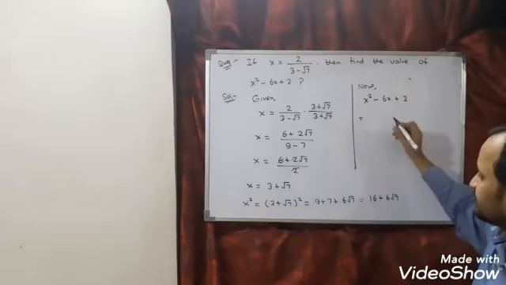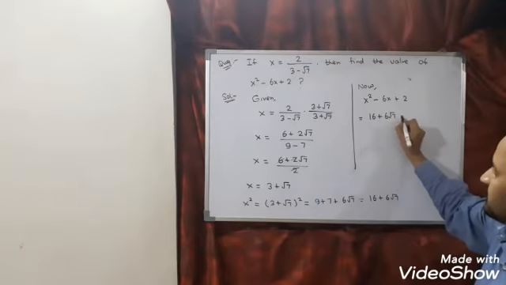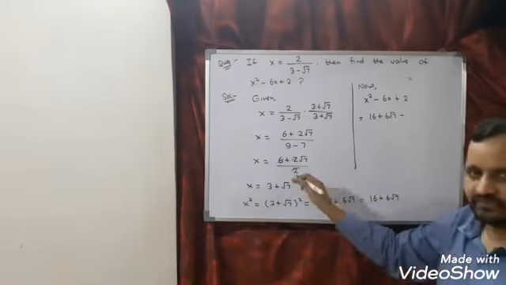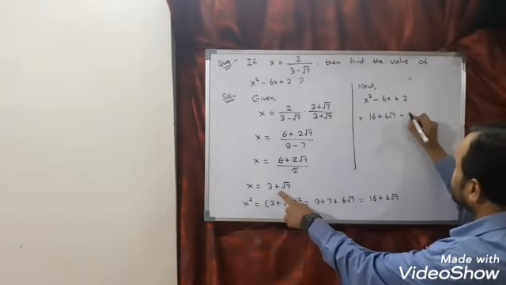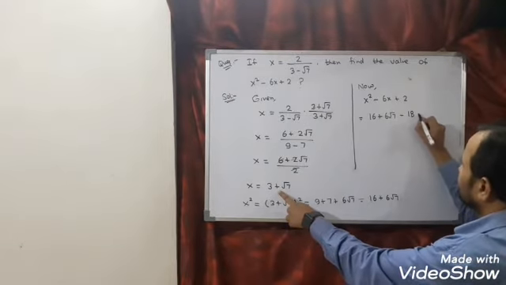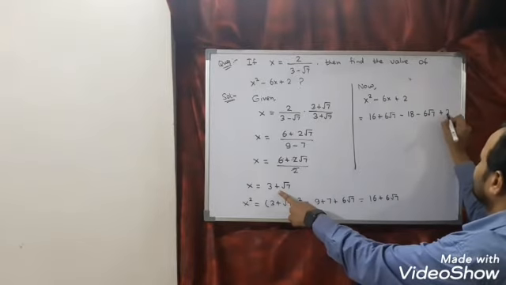What is x square? 16 plus 6 root 7, minus 6 times x. So calculate 6 times this: 6 3s are 18 will come, minus 6 root 7, plus 2.